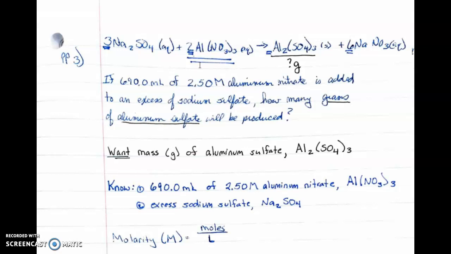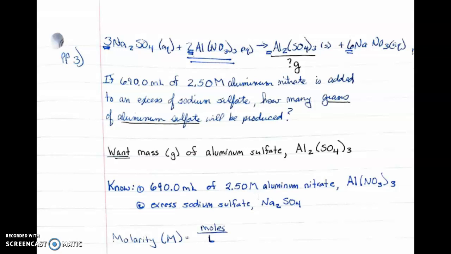So the other thing we have to keep in mind is what exactly is molarity. Remember that molarity is simply a measure of concentration that relates the number of moles per liter. All right, and so we know that we have 690 milliliters of a 2.50 molar solution of aluminum nitrate.